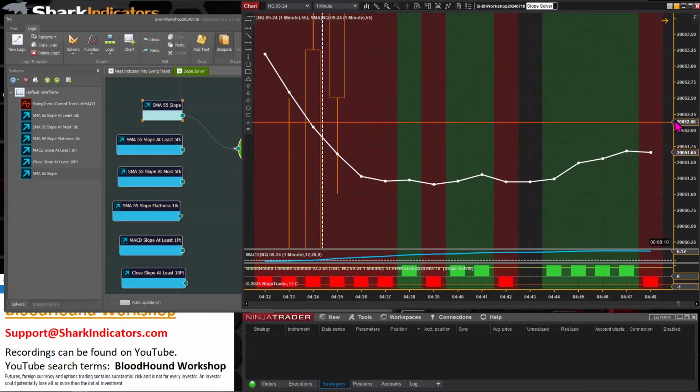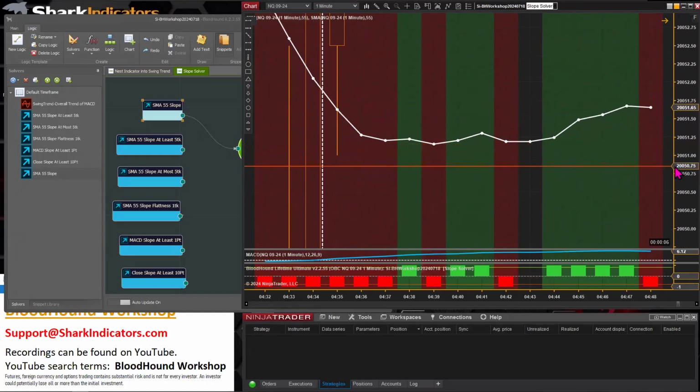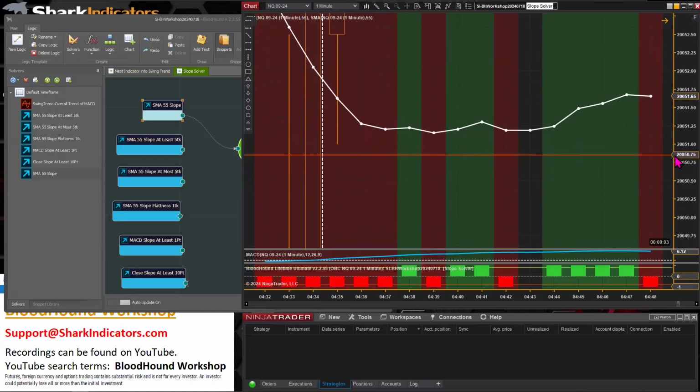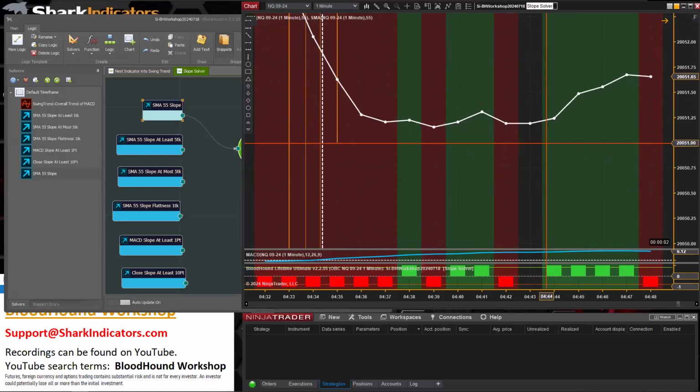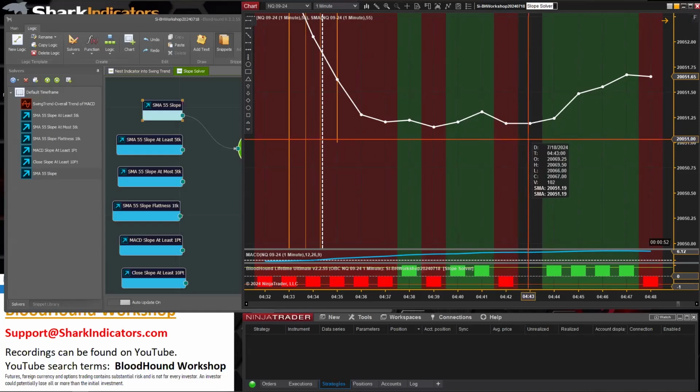So if I really stretch that out, there. We have 5119 as the value for the SMA, and again 5119.